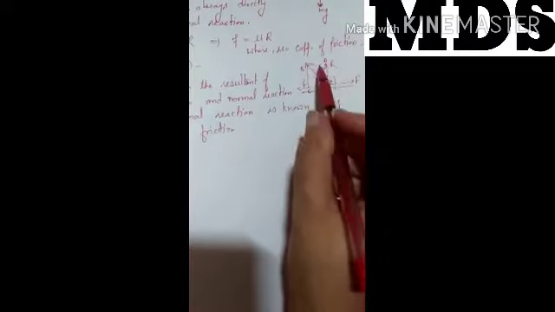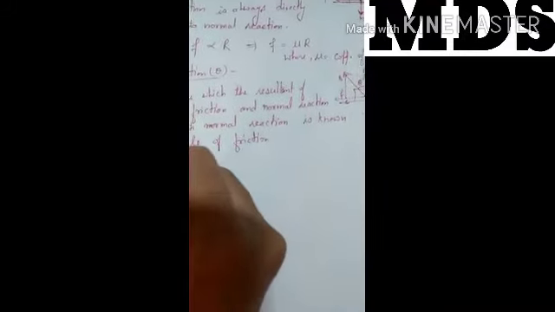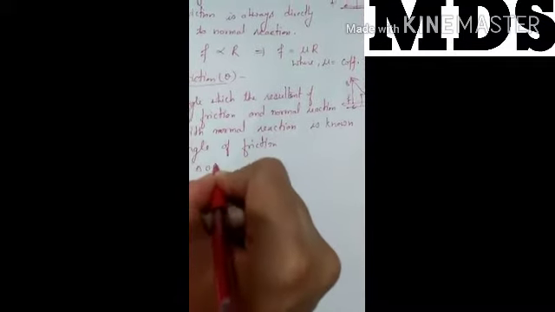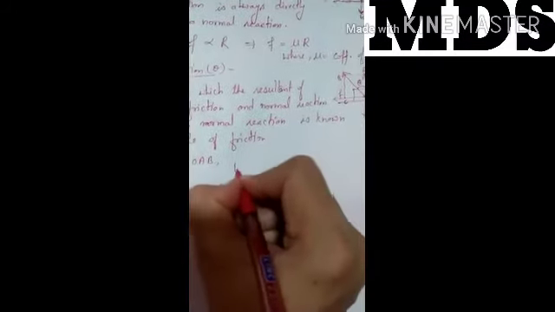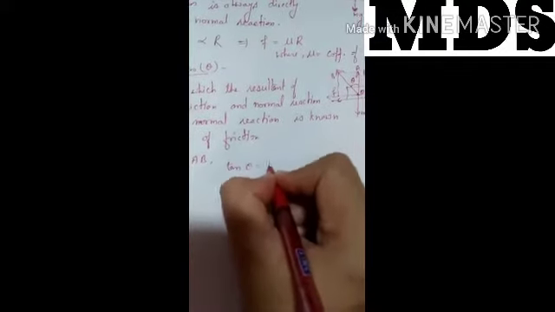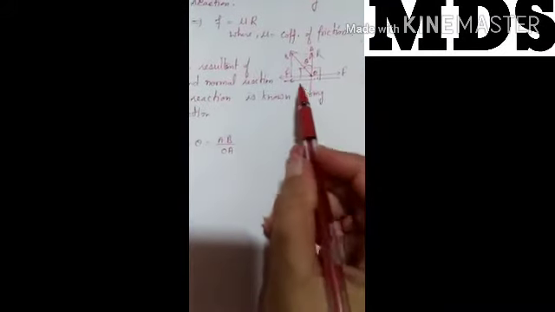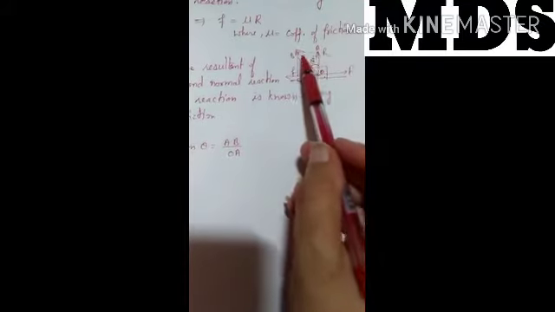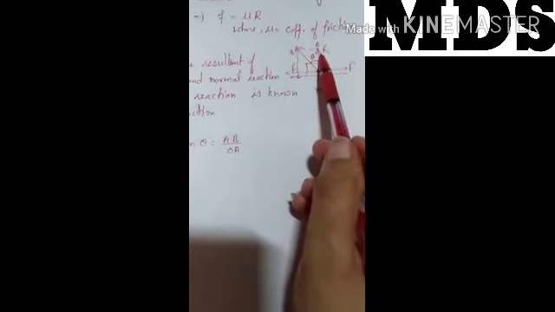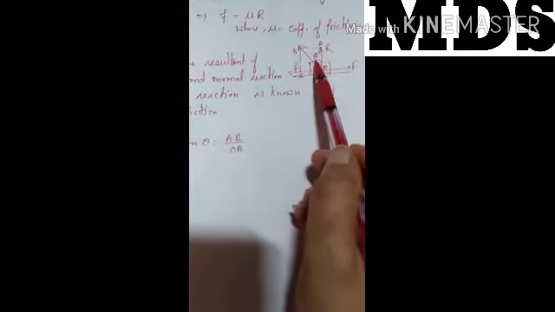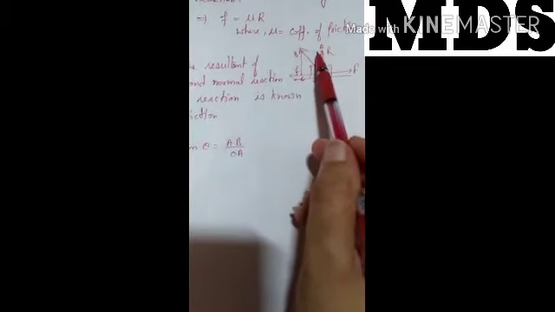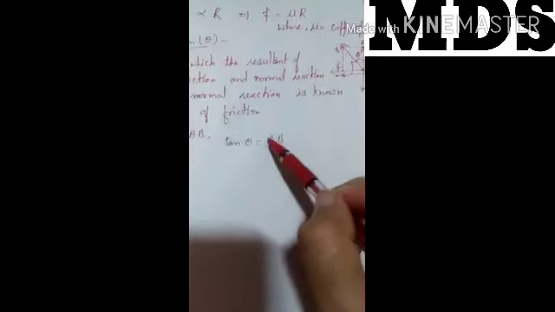Now we take the triangle OAB. From triangle OAB we can write tan theta equal to AB by OA, that is, perpendicular upon base. The base is OA, and the side in front of the angle is the perpendicular, so AB by OA is tan theta.